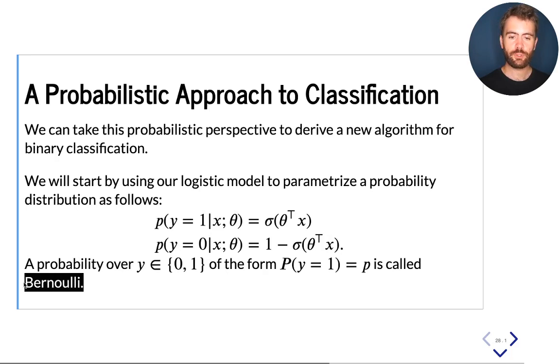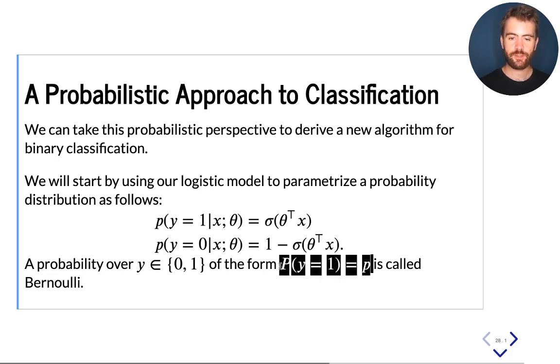A Bernoulli distribution is simply a probability over a variable that takes two outcomes, and this probability distribution has the following form. It has a single parameter p, and now we are simply parameterizing p via this particular expression.